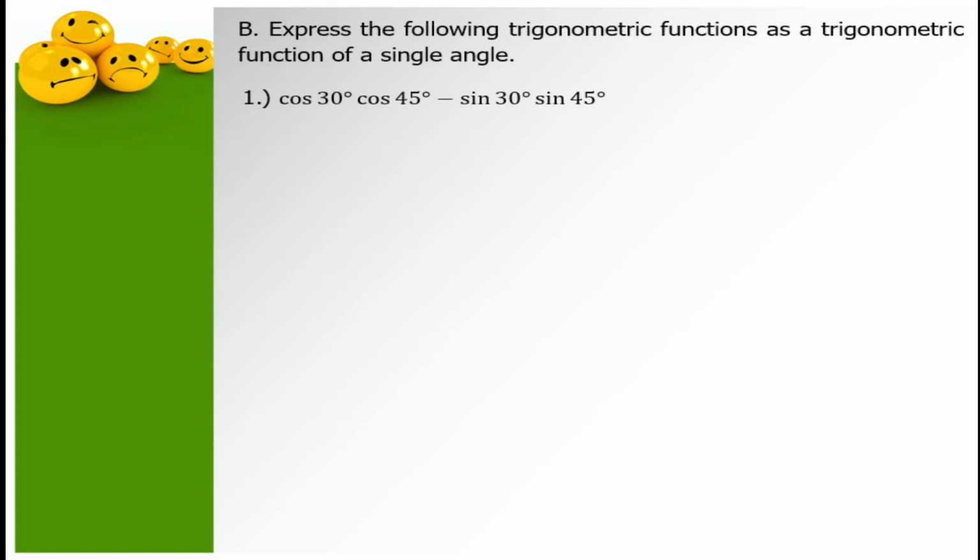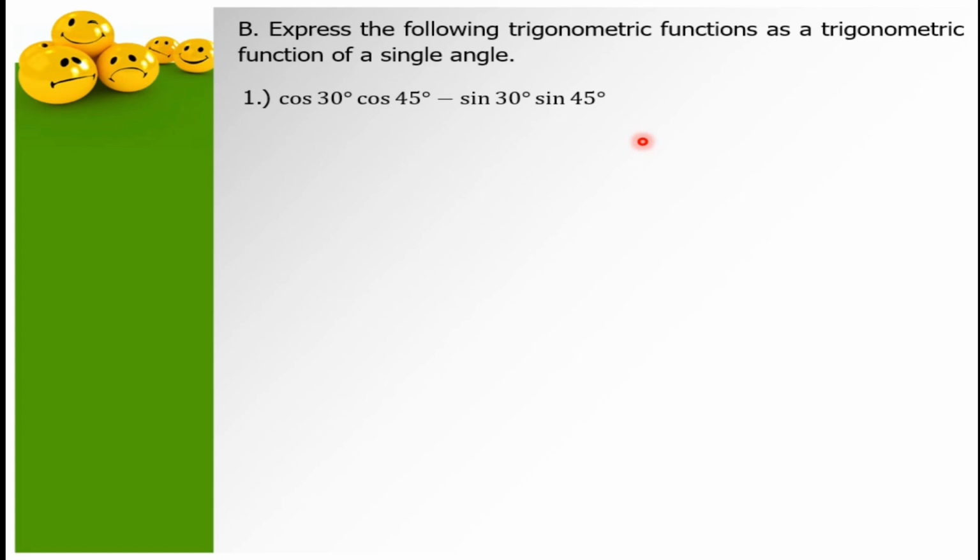For letter B, we're going to express the given trigonometric functions as a trigonometric function of a single angle. Yung gagawin natin dito mga boss is parang baliktad nung ginawa natin kanina. So pabalik tayo. So we have here cosine 30 degrees, cosine 45 degrees, minus sine 30 degrees times sine 45 degrees.